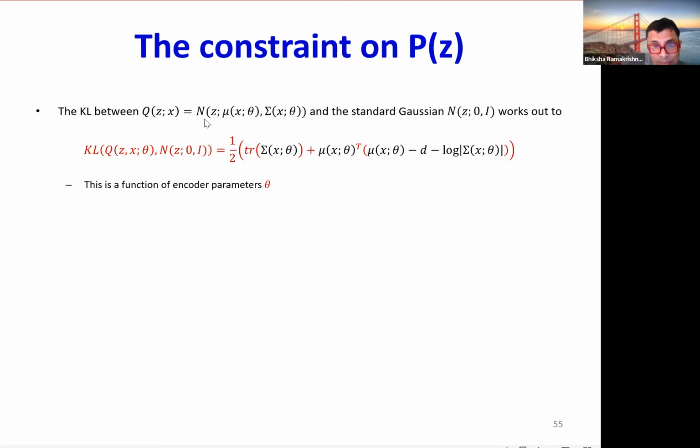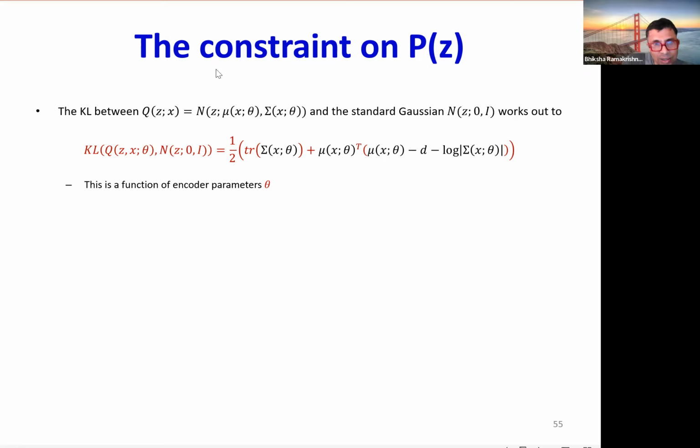If you want to maximize the P of Z with respect to the standard Gaussian, that ends up being the same as minimizing the Kullback-Leibler divergence between P of Z given X as given by the encoder and the standard Gaussian.